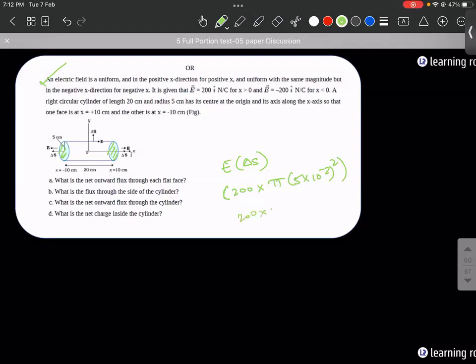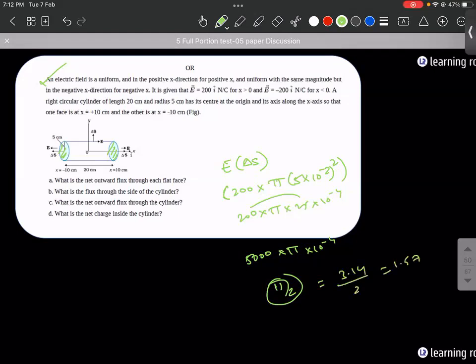So 200 into pi into 25 into 10 power minus 4. So 25 into 2 is going to be 5,000 into pi into 10 power minus 4. So 0.5, basically pi by 2. Pi by 2 Newton meter square per coulomb will be the answer. So pi is 3.14 by 2, which will be 1.57 Newton meter square per coulomb.